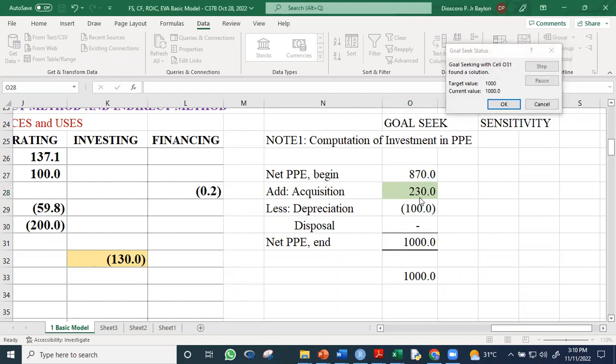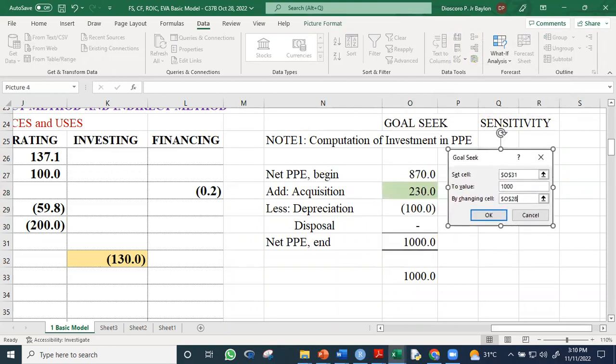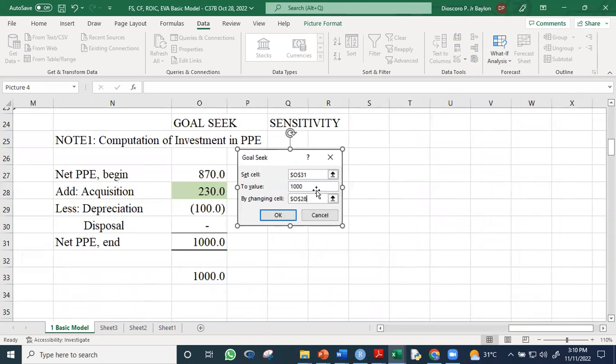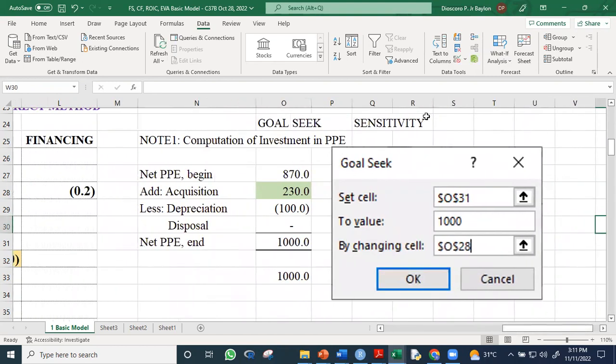Excel iterated until our answer converged to 1,000. Control V. I'm going to share this with you if you want a copy, so that you know how to compute our acquisition. Let me pause for a while.